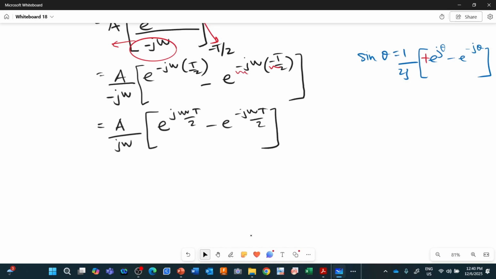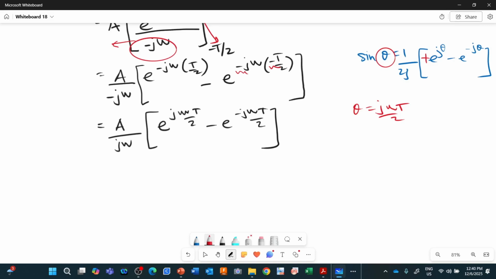You want to leave it in terms of sine theta. Theta in this equation is j omega tau over 2.